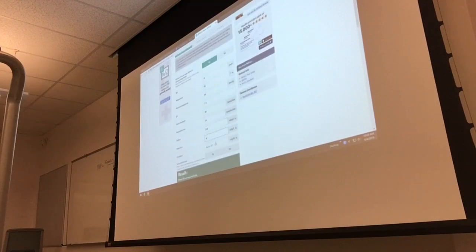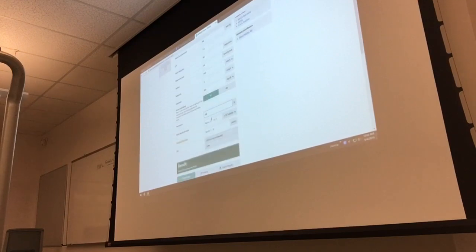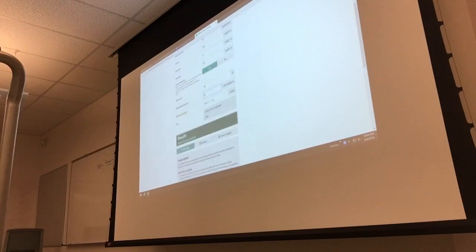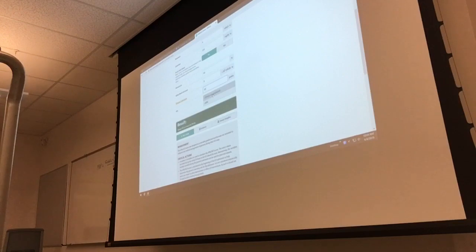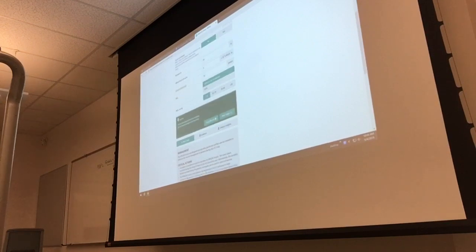Potassium 4. Creatinine, 0.9. No renal failure. Hematocrit 45. White count 5. Glasgow Coma Scale 15. Non-intubated, and their PaO2 is greater than 70. So they have 0 points.